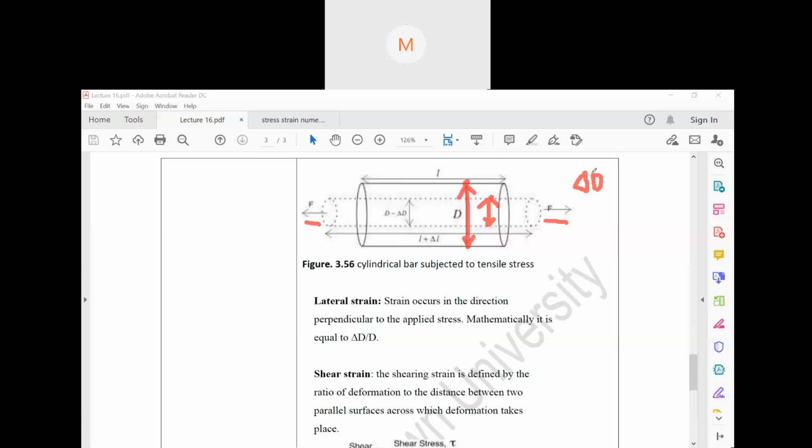Then this is lateral, right? Can you differentiate between longitudinal and lateral? If not, you can ask me again.